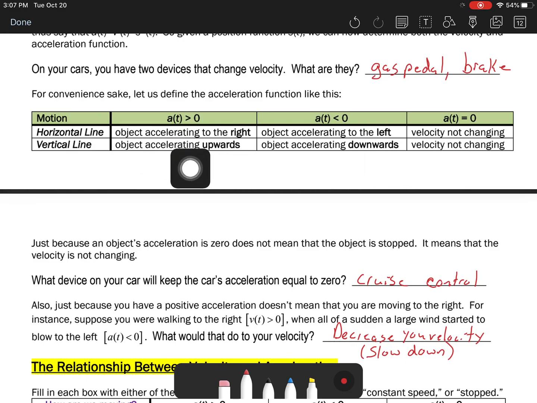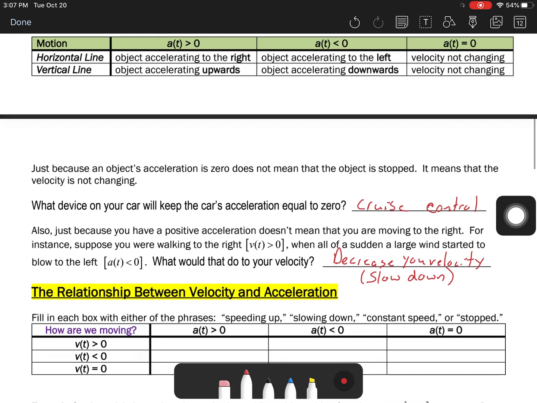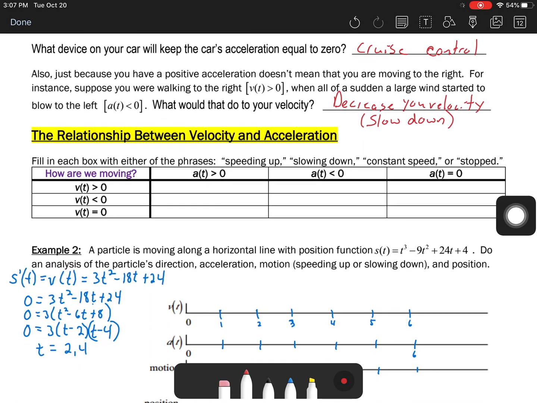If we're walking to the right and we're accelerating to the right, are we going to be speeding up, slowing down, constant, or stopped? Well, if they're working together, I have a positive velocity and also a positive acceleration. That's going to cause me to speed up, because the acceleration and velocity are working together. So speeding up is what would happen there.